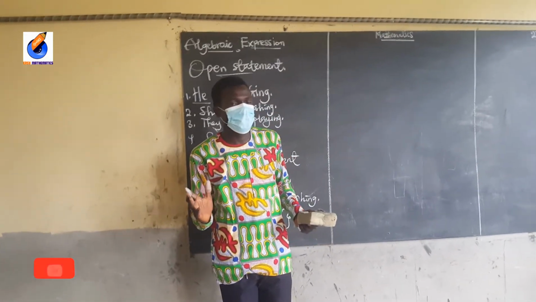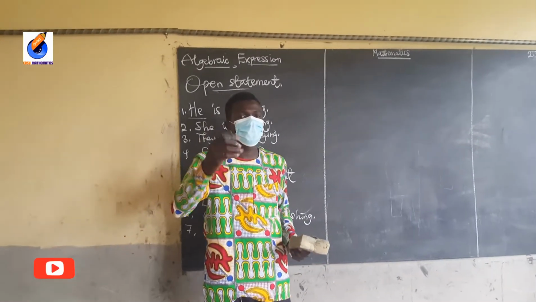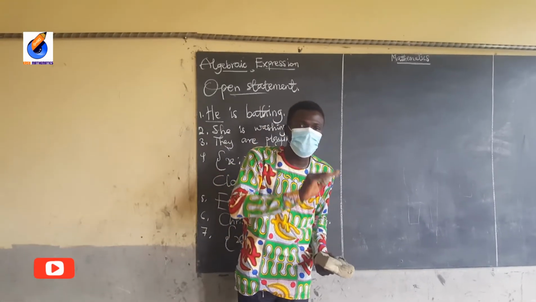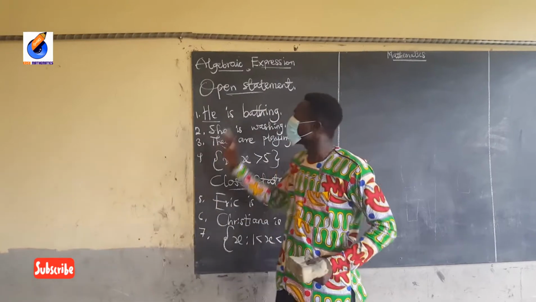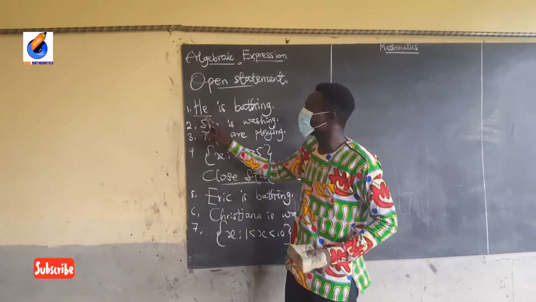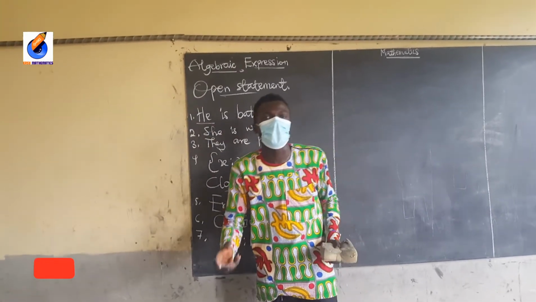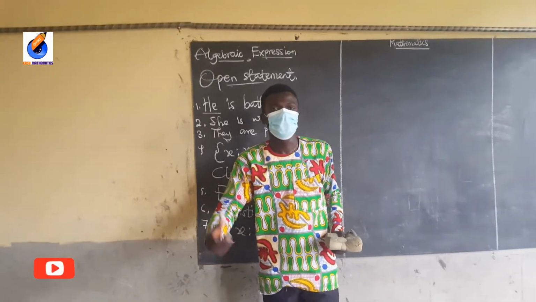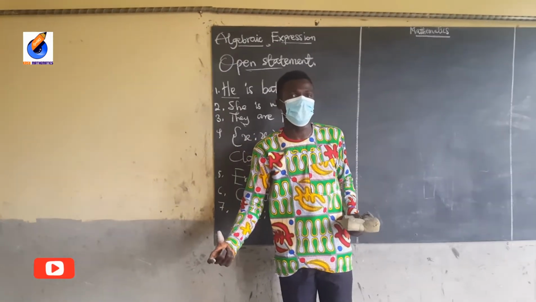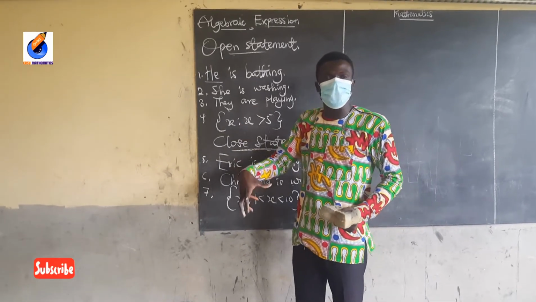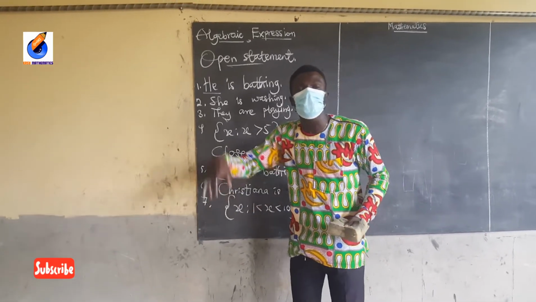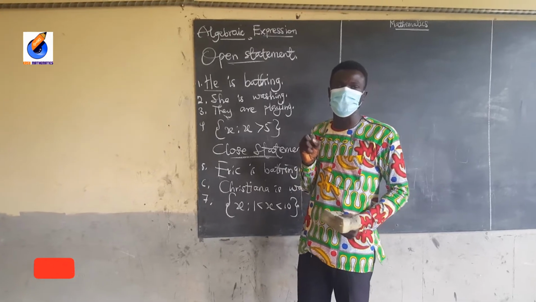In our own opinion, what can help you to differentiate between an open statement and a closed statement is that with the open statement, they use a pronoun to replace the name of the human being. But with a closed statement, the name of the person will be stated or mentioned in the sentence.